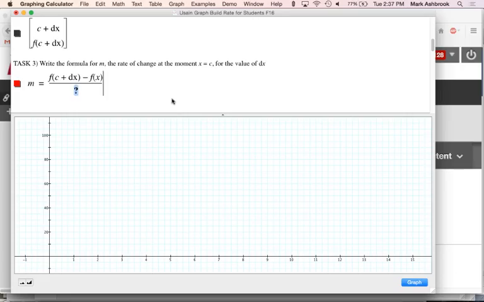So c plus x minus c, right? That works, or we could just write, what's the change in x? Dx. So yes, you could write c plus x final minus x initial, but what we're setting up an expression for is the change in x. So you could just write dx because that's what you get when you subtract c plus dx minus c.